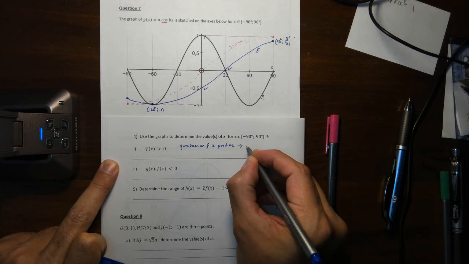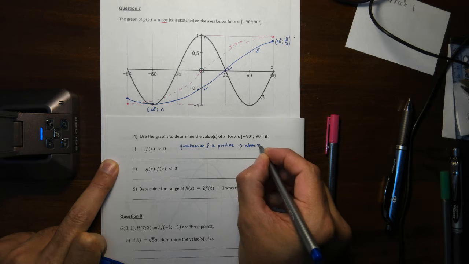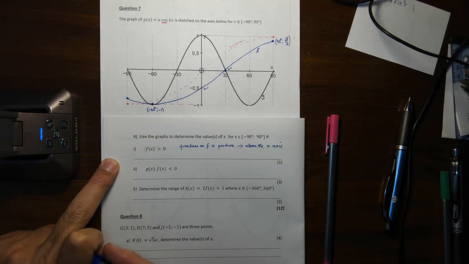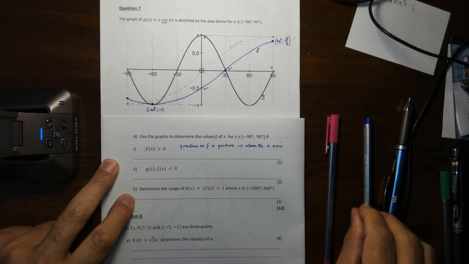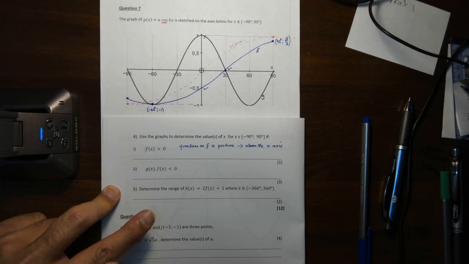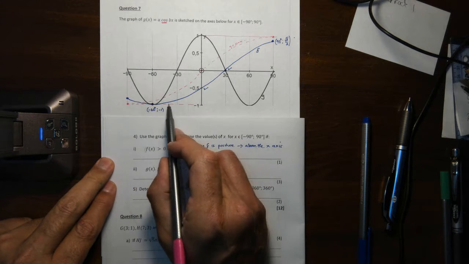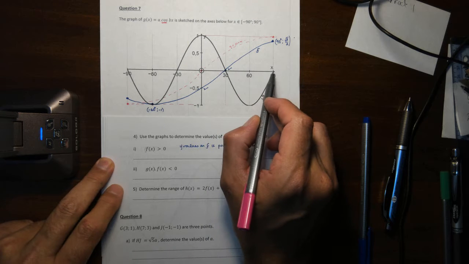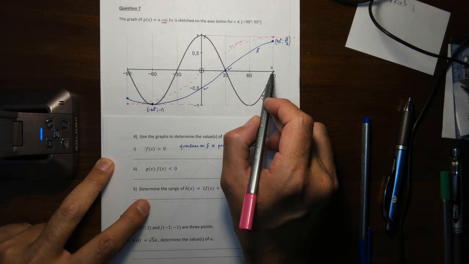Where does that happen? It happens above the x-axis. That's what you're thinking. So that's where we're going to look for our answer. Where does that graph go above the x-axis? Well, here it's below, it's negative, there it's positive, and it's from 30 to 90 degrees.